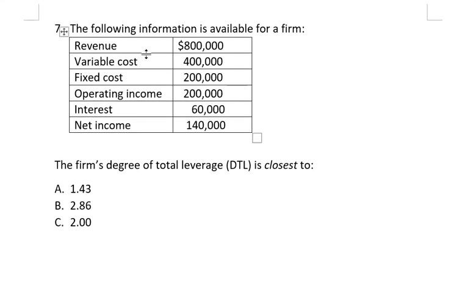Question 7. The following information is available for a firm. The firm's degree of total leverage is closest to. So degree of total leverage equals revenue minus variable cost divided by net income.